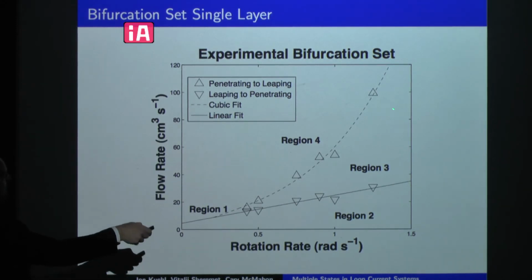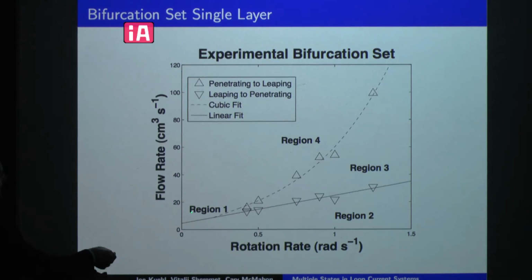I have the region of hysteresis, and then I have the region where these folds no longer exist and I can go around and have no catastrophe where I fall off the edge. So I can start to look at my loop current observations in a way that explains eddy shedding states, when they may or may not occur, if I was able to track the parameters of the system.